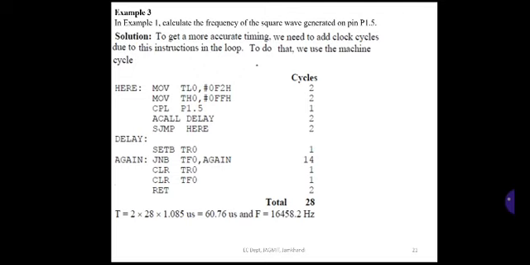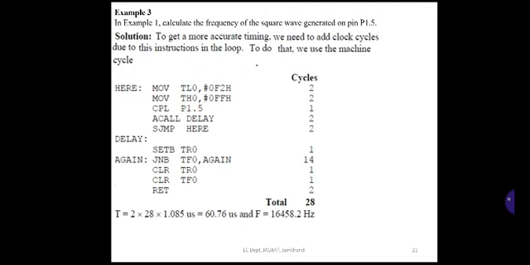So T is equal to 2 into 28, because this program is for half of the total period. To generate a square wave, it has to execute at least 2 times. So 2 into 28, the total number of clock cycles, into the time period 1.085 microseconds that we calculated earlier.